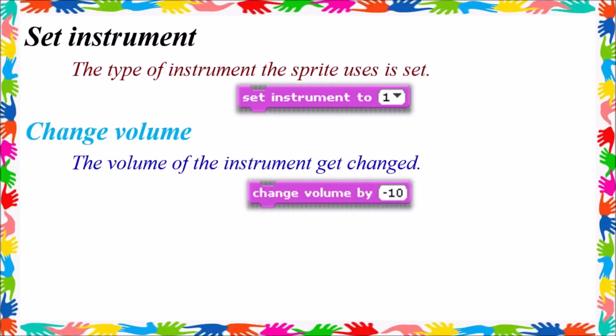This is the command for change volume by 10 or minus 10. So for example, we already set the value to 90. After that, you can change volume by minus 10, and the volume of the instrument currently playing is now 80.